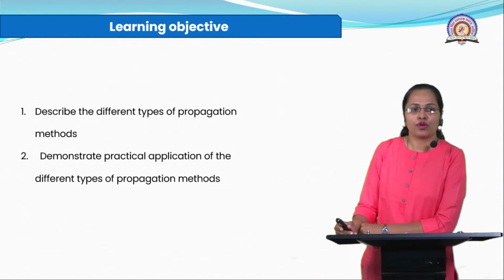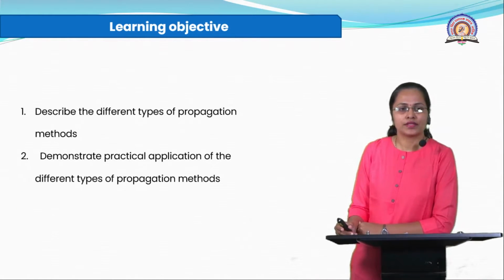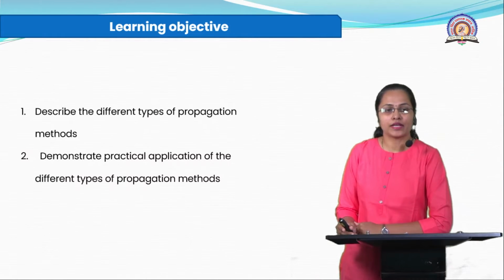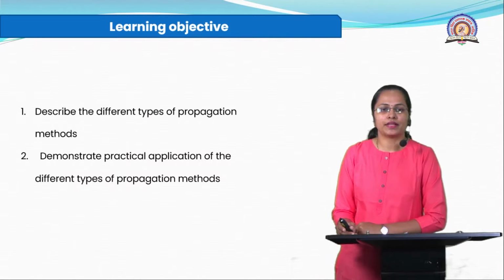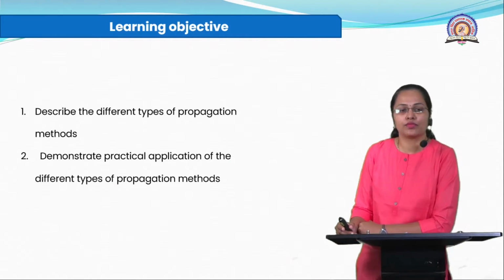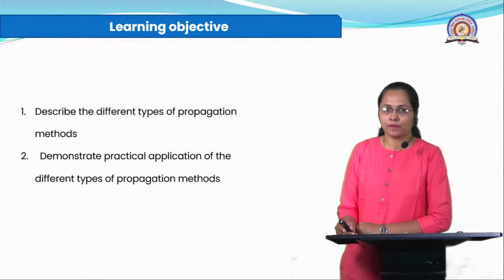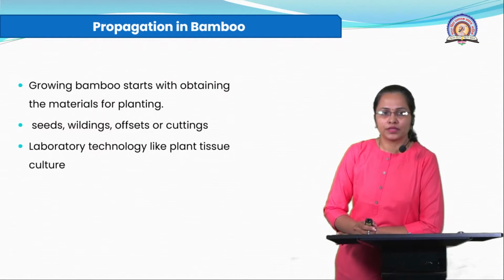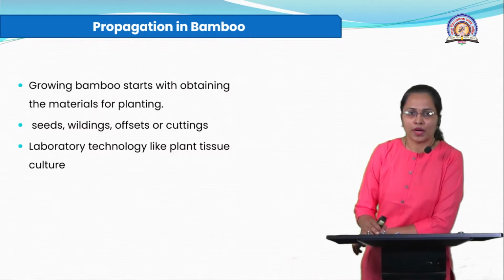The learning objectives for today's session are to describe the different types of propagation methods, and to demonstrate practical applications of different types of propagation. So today we are going to see different methods of propagation in bamboo.